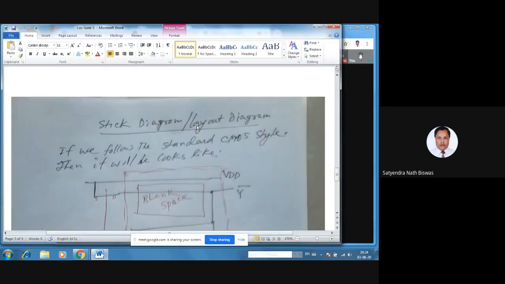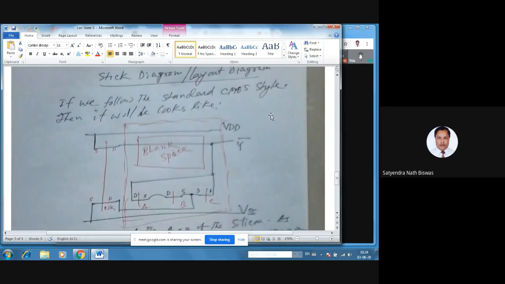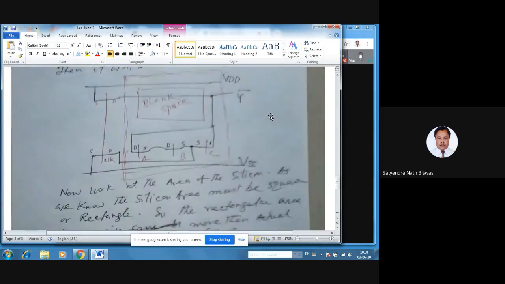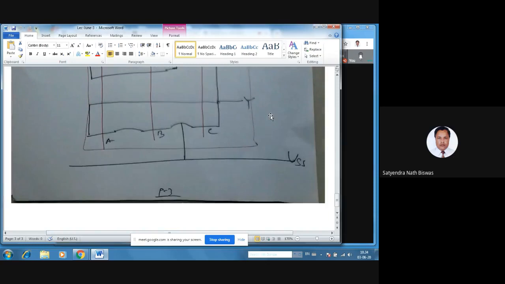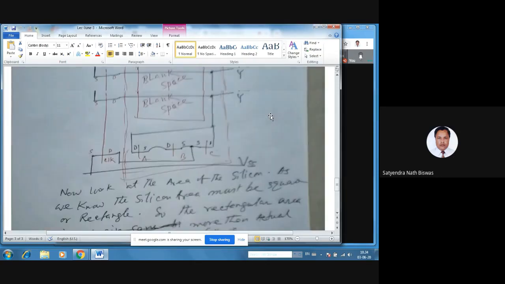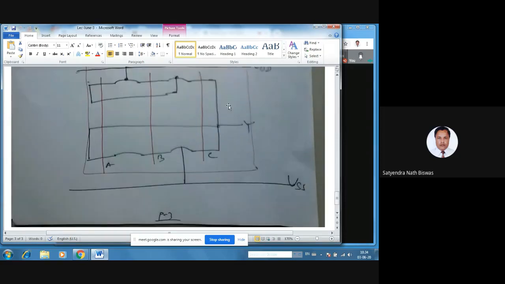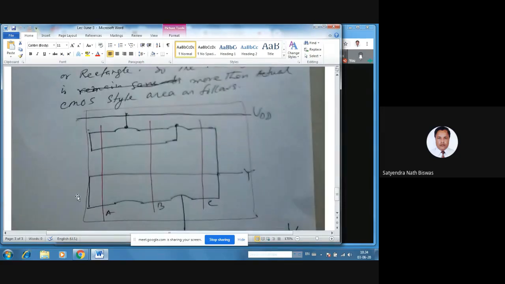Now see the other one. Last class we have seen the layout diagram. If you look at those diagrams here, normally if we consider the standard diagram, let's look at the bottom one. This is the original diagram for the original CMOS circuit. Right? This is A, B, C, only 3 inputs, and they will be connected like this.